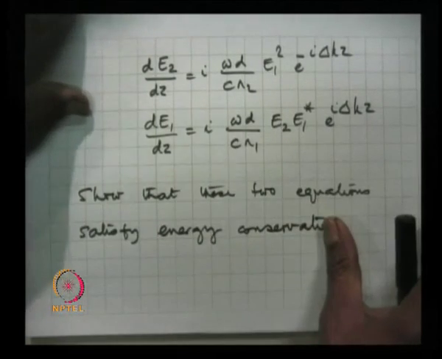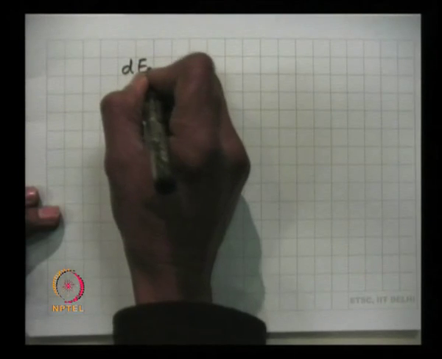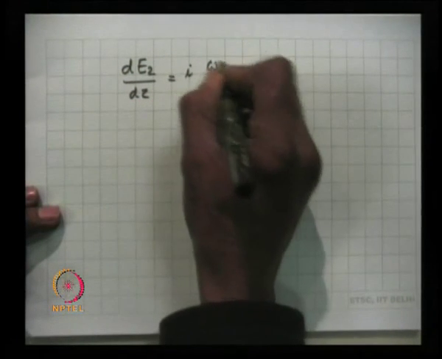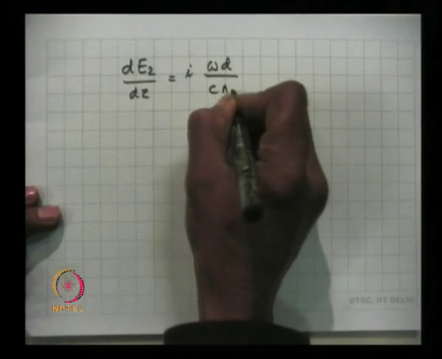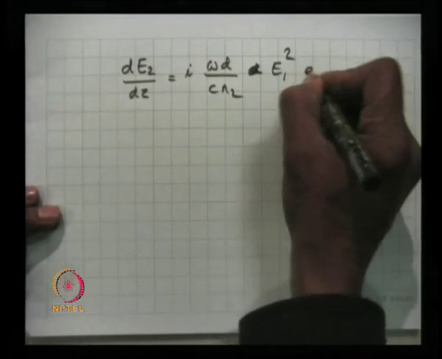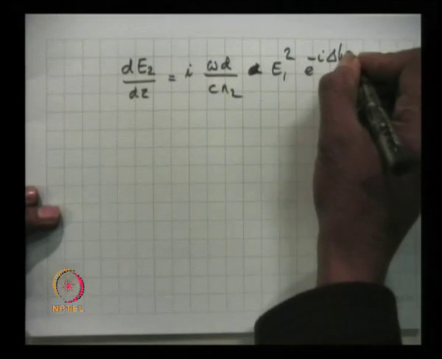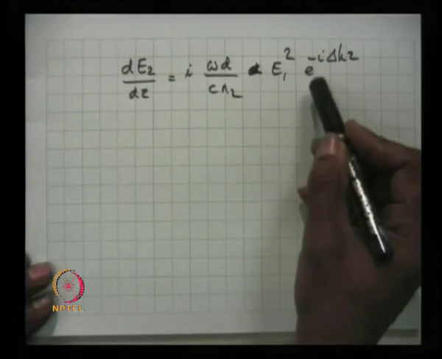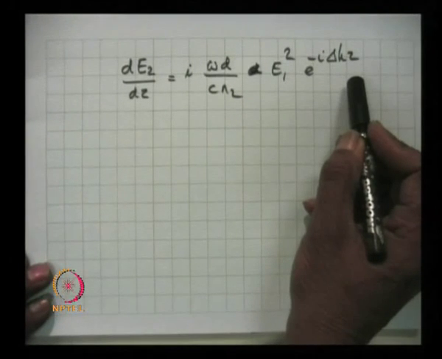The equation which we solved is only this equation for 2 omega, with E 1 square e to the power minus i delta k z. When I integrated this equation, it is this term which is leading to the sinc function.